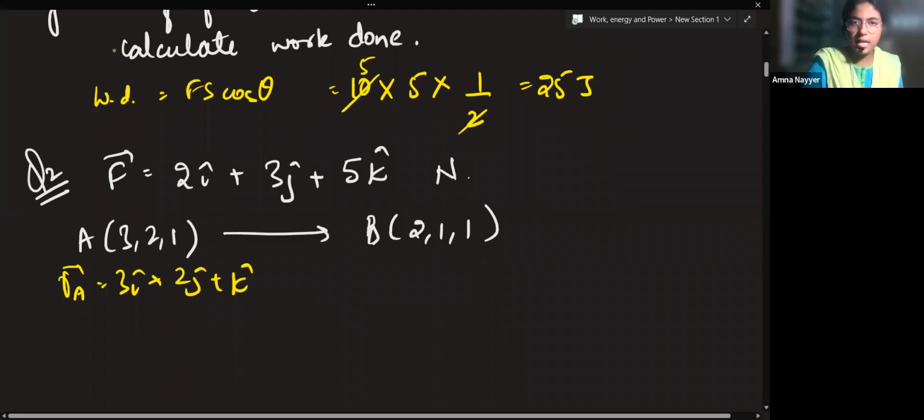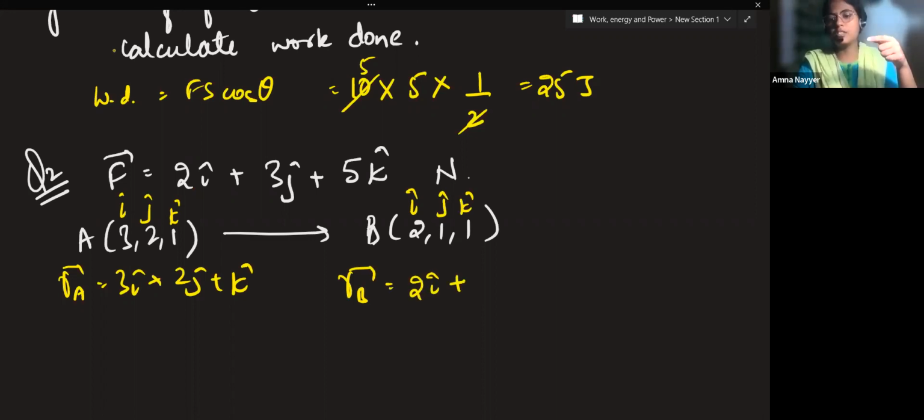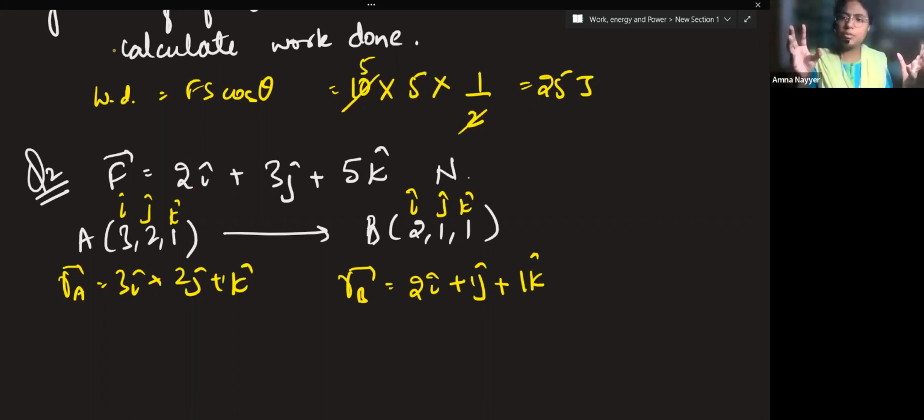Similarly, RB becomes 2I cap plus J cap plus 1K cap. You can write 1 as the coefficient or you can leave it as well. What's the displacement? Displacement is final position minus initial position.